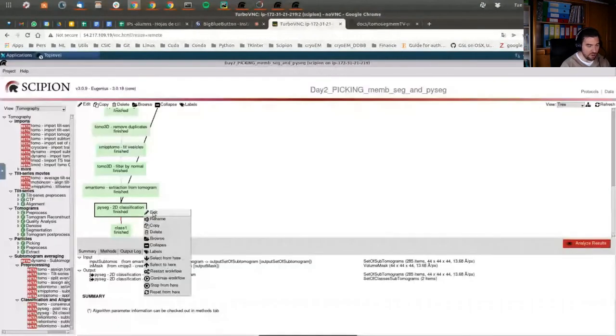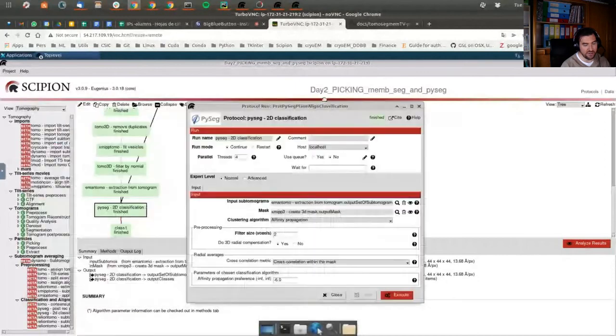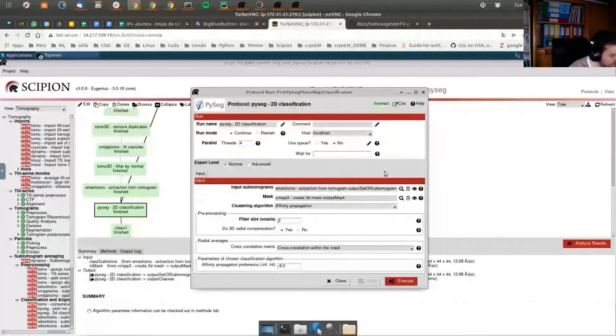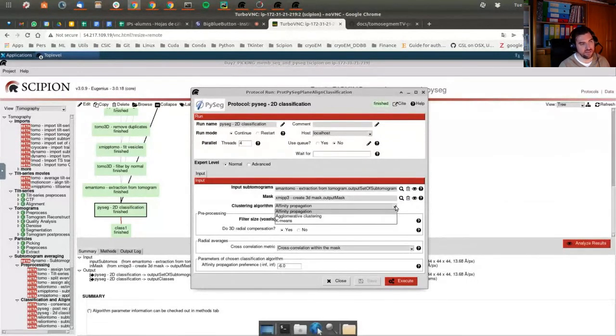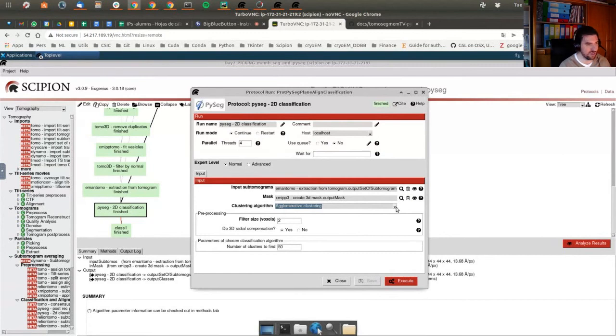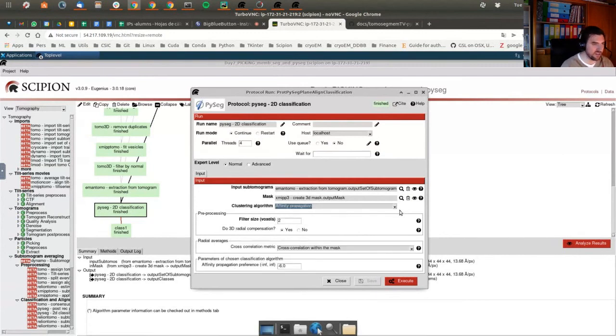It offers different clustering algorithms, the two classical ones, agglomerative clustering and k-means, but those need you to specify the number of classes, which normally you don't know if you're working with experimental data, as Antonio said before. So we suggest affinity propagation because it works well and it determines more or less the number of classes you have.